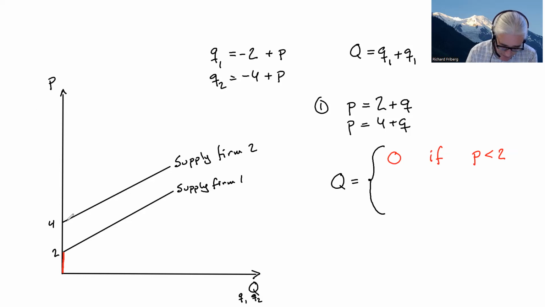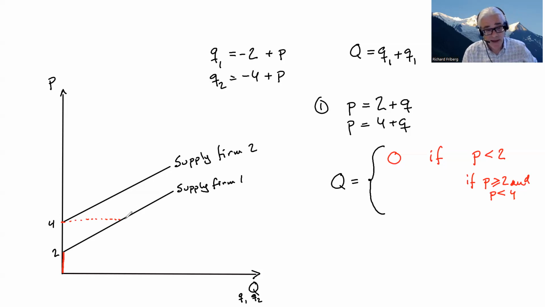Then we can see if price is above 2, and price is below 4, we can see that supply is only given by firm 1. Okay, so this is important. There's only one of the firms that is active here.